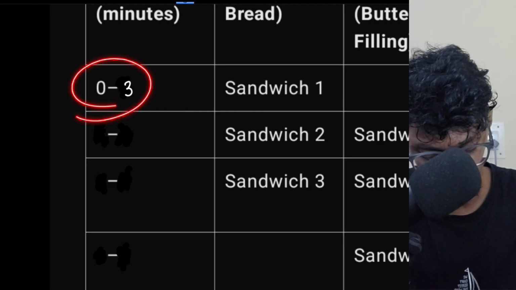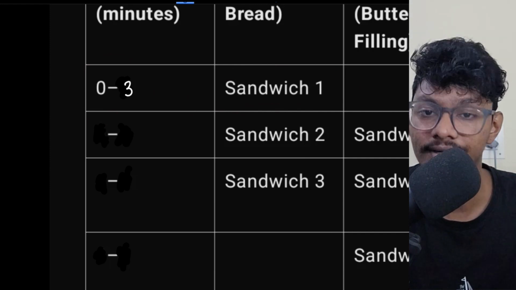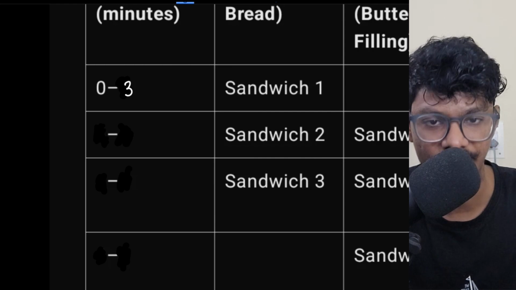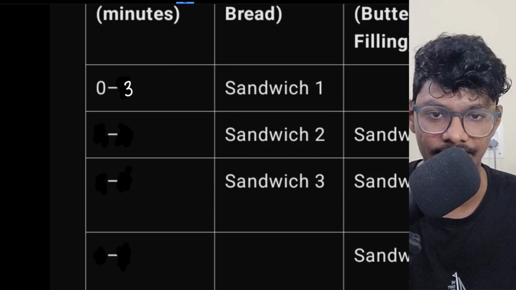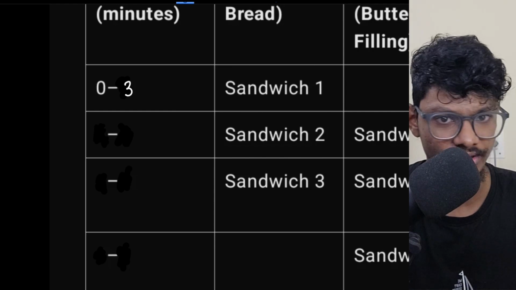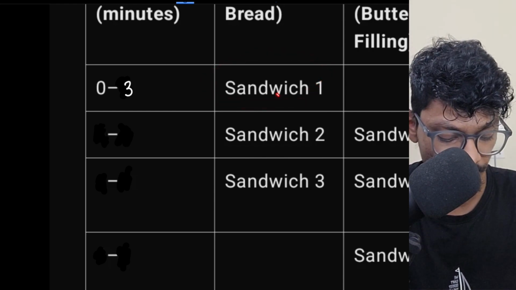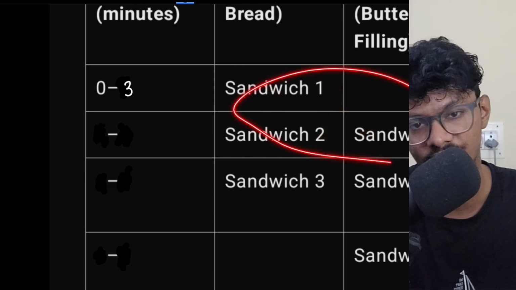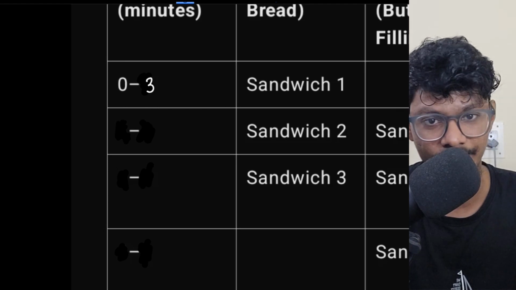So from 0 to 3, I will give person A the time to cut the bread. And you will say, sir, person A will sit idle for 1 minute. It's okay, that is fine. Why that is fine, we will understand later as well. Let person A sit idle for 1 minute. But I cannot give it after 2 minutes only. That is the issue, right? There will be some overlap. Person B will crib about that.